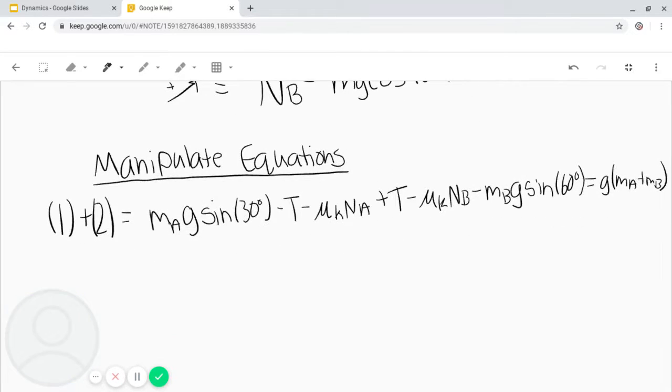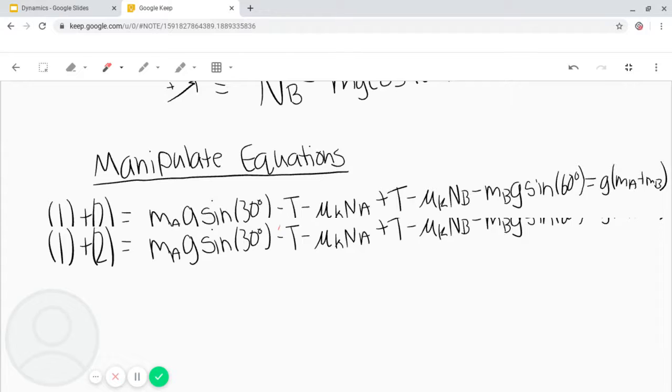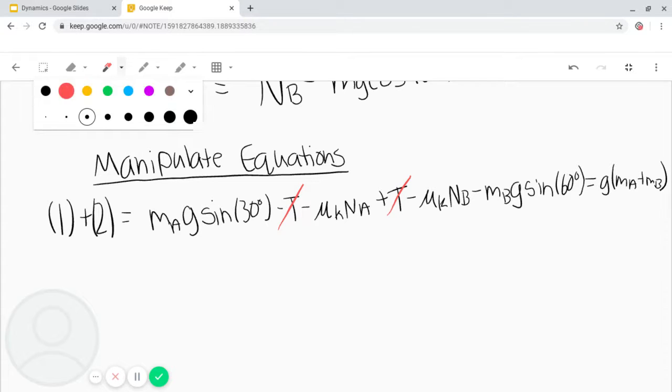So simplifying a little bit, we can see that the tensions cancel, which is what we wanted, because we don't know the tensions.